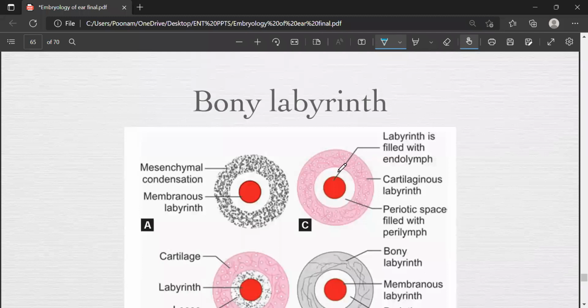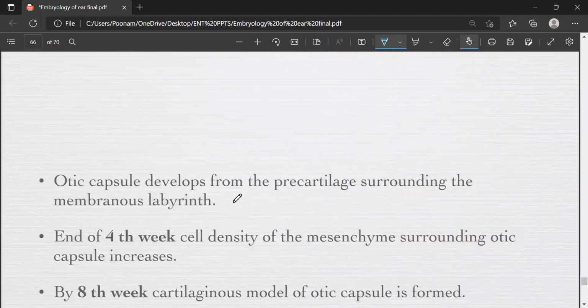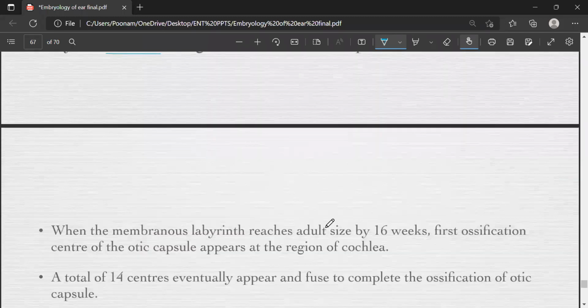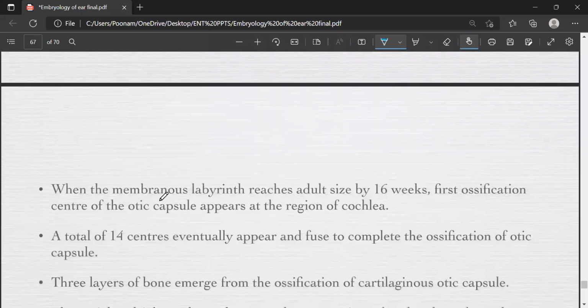Now coming to the bony labyrinth, we all know that the otic capsule develops from the precartilage surrounding the membranous labyrinth. At the end of the 4th week, the cell density of the mesenchyme surrounding the otic capsule increases. By the 8th week, the cartilaginous model of the otic capsule is formed. When the membranous labyrinth reaches adult size by the 16th week, the first ossification center of the otic capsule appears in the region of the cochlea.